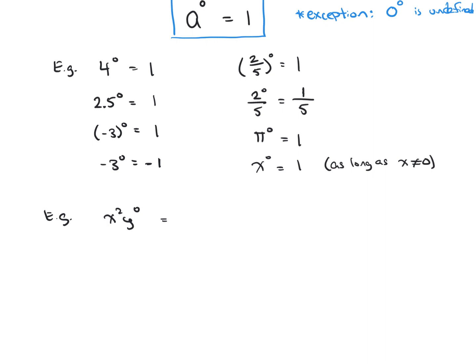In this case, it's only hitting the y variable. So y to the exponent of 0 equals 1. The x squared is unaffected at all. So the answer is going to be x squared times 1. But anything times 1 is itself, so you don't actually have to write times 1. So the answer to that is just x squared.